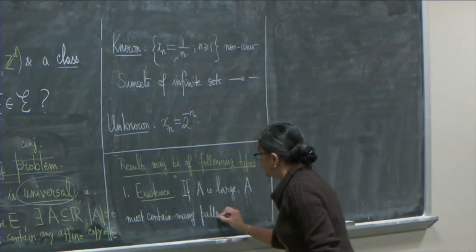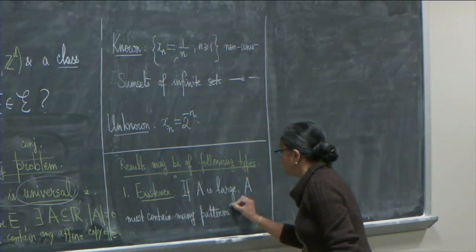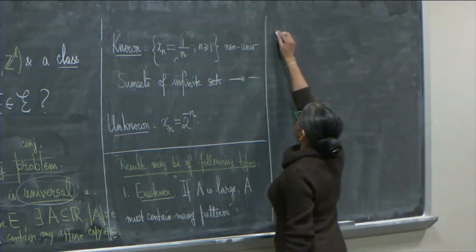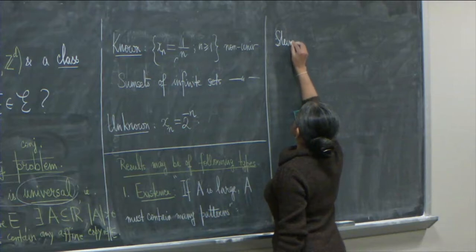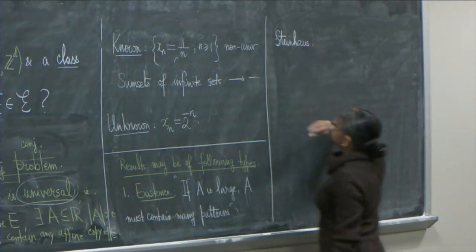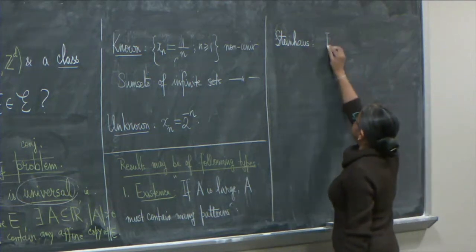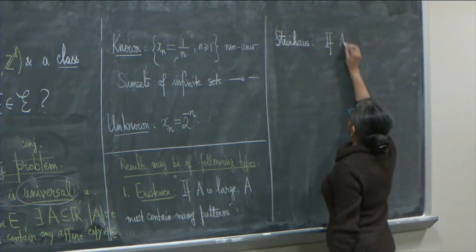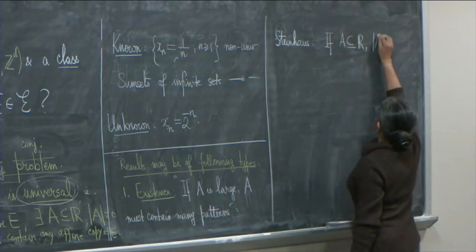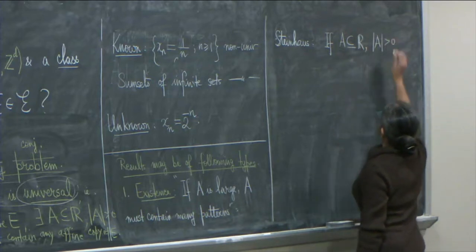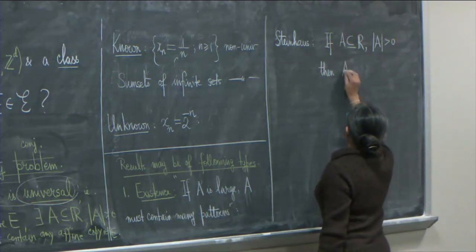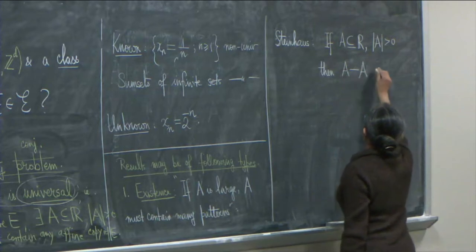Now let's see some manifestations of this principle. So an old result of Steinhaus, we often encounter this in analysis textbooks. It says that if A is a subset of the real line with positive Lebesgue measure, then the difference set A minus A contains an interval.